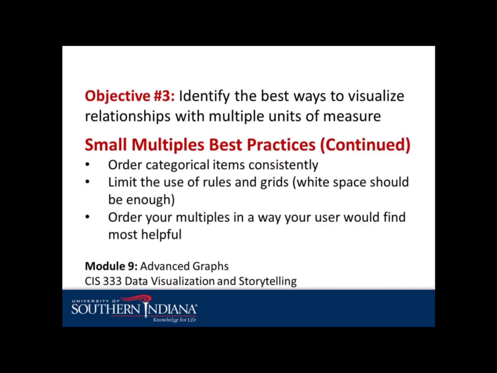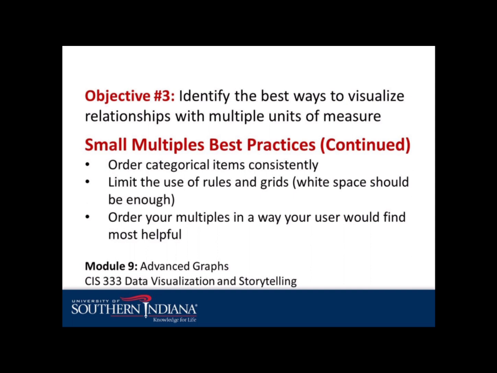Make sure you order your categorical items consistently. Limit the use of rules and grids. With some charts, you do want to have rules and grids on them, but with small multiples, you pretty much want to eliminate them as much as possible because it just adds too much clutter to the sheet.